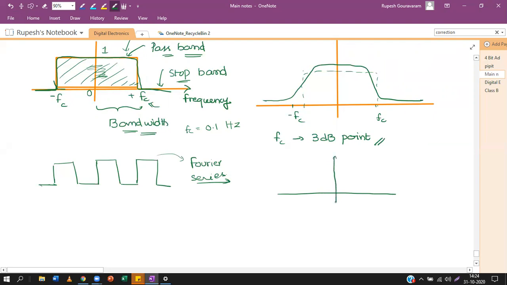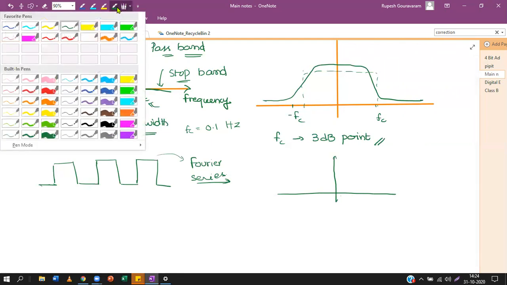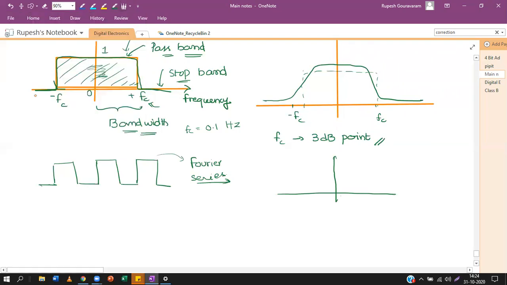This is the central. So our wave will look like this. So this is the Fourier series representation of the rectangular signal.